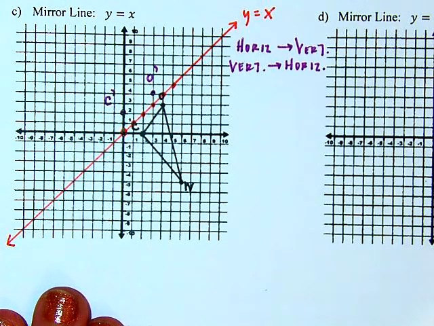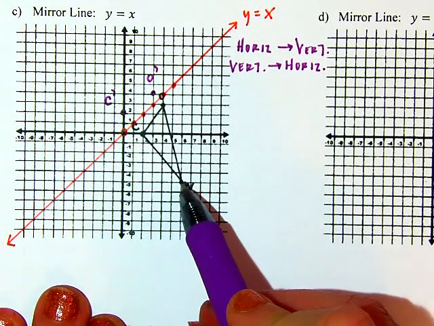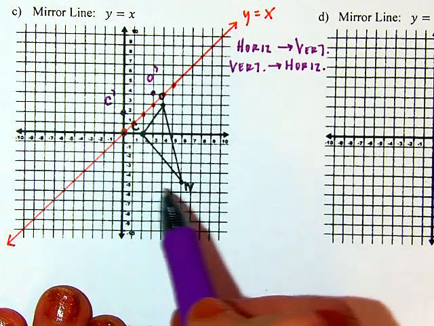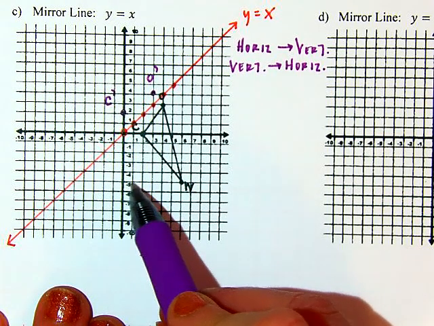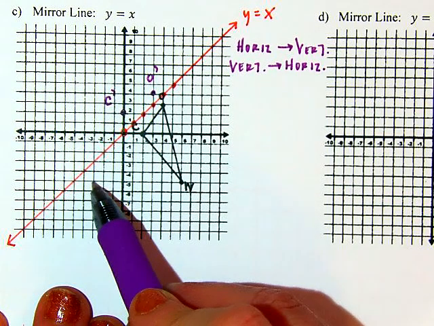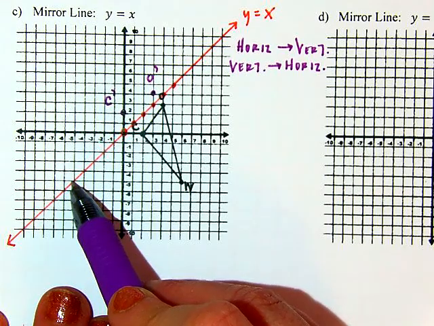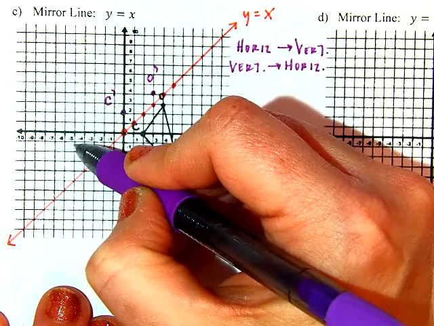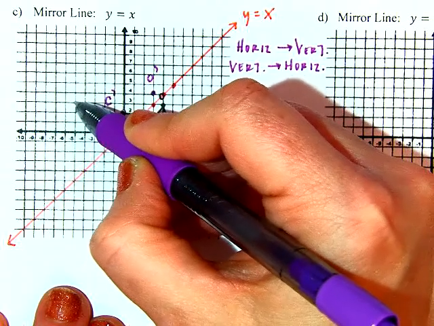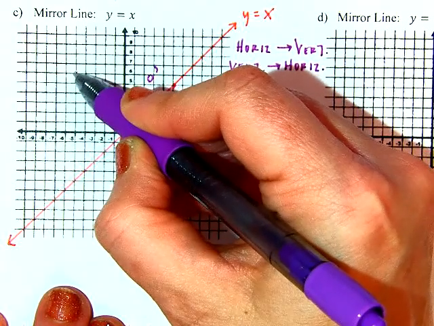And then I need my W last. So my W, let's say that I count left. So if I go left, 1, 2, 3, 4, 5, 6, 7, 8, 9, 10, 11. That means I have to go up 11. So 1, 2, 3, 4, 5, 6, 7, 8, 9, 10, and here's my 11.